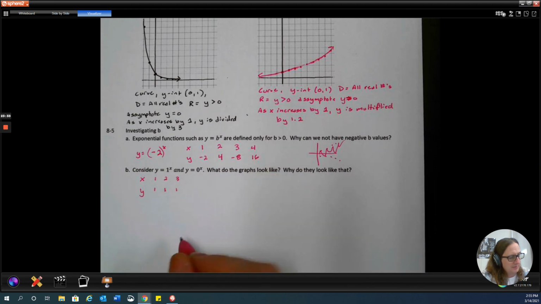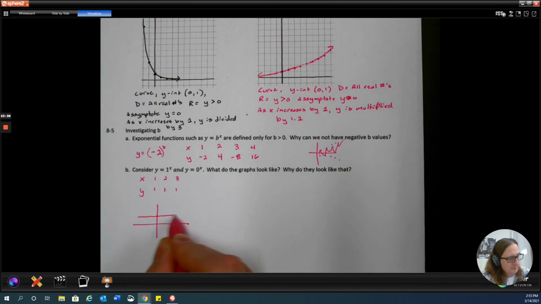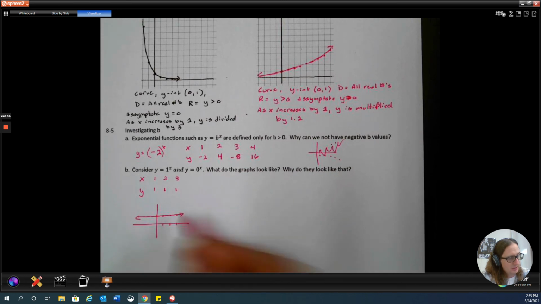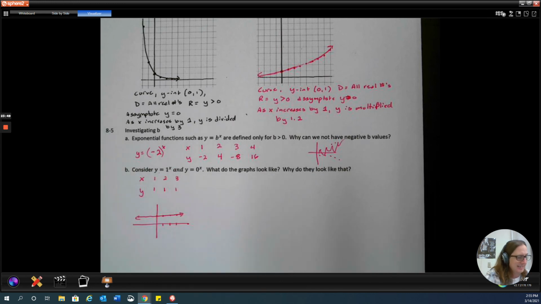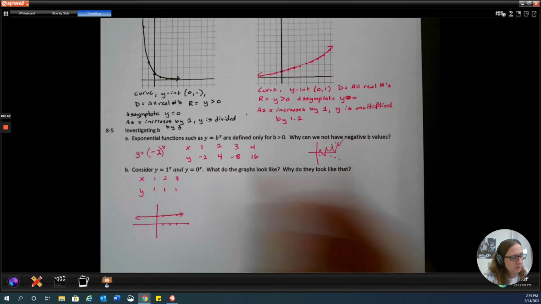I'm getting 1 every single time, and the graph of that is a horizontal line going through 1. Because here's 1, 1, here's 2, 1, here's 3, 1. So when we have y is equal to 1 to the x power, we get a horizontal line, and that's not an exponential graph.